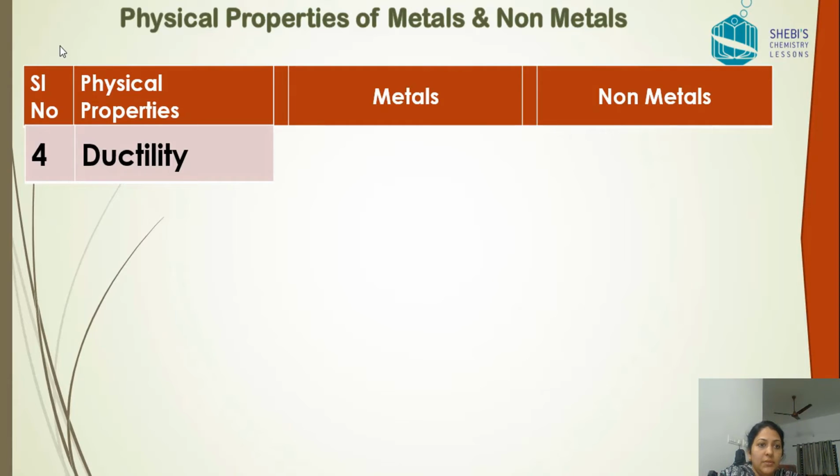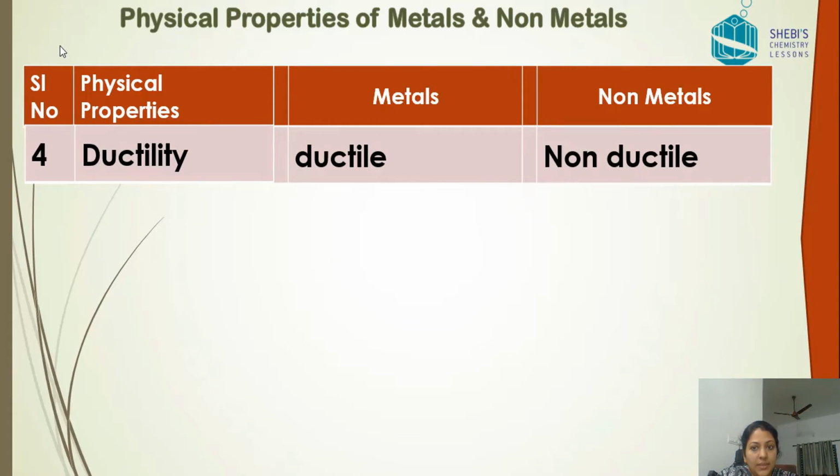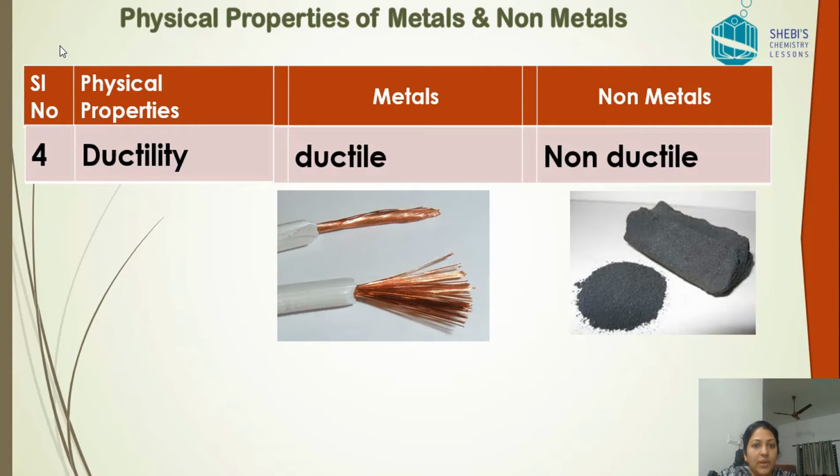The fourth physical property is ductility. Ductility means the ability of an object to be made into very thin wires. So here metals are ductile while non-metals are non-ductile. You can see copper. Copper is made into very thin wires because it is ductile.